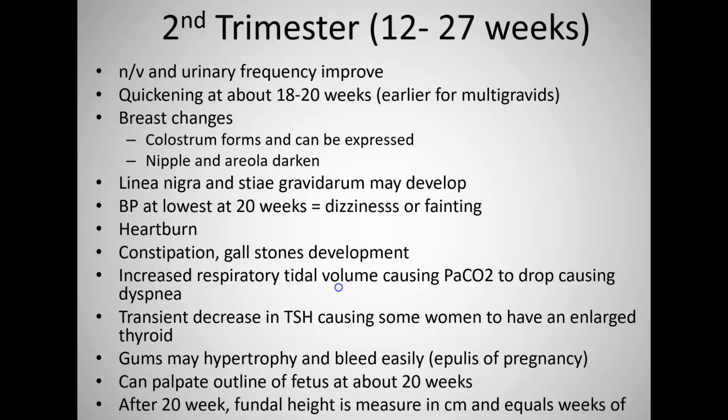Some people have a decrease in thyroid stimulating hormone because they have an enlarged thyroid, so the pituitary is telling you not to produce as much thyroid stimulating hormone. Gums may hypertrophy and bleed easily, which is epulis of pregnancy.